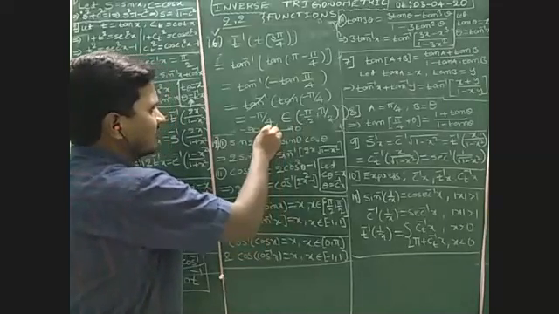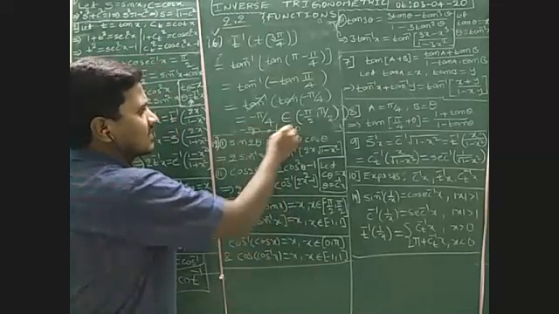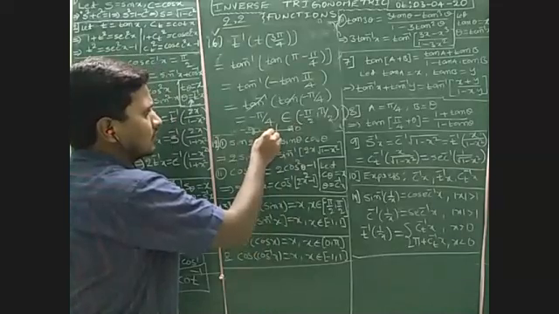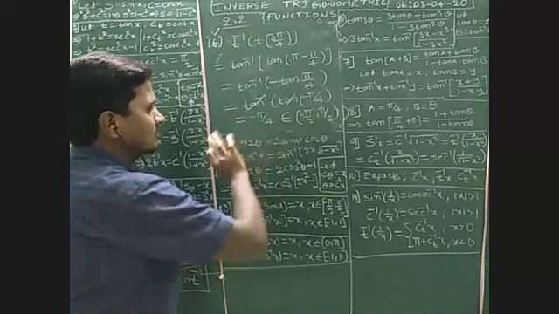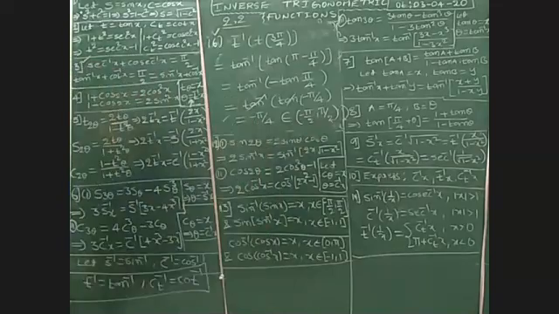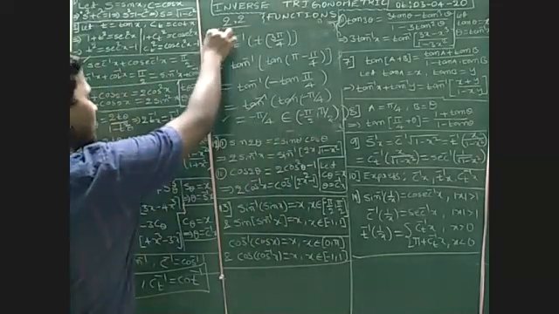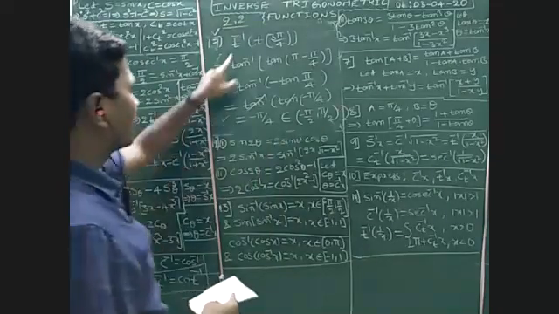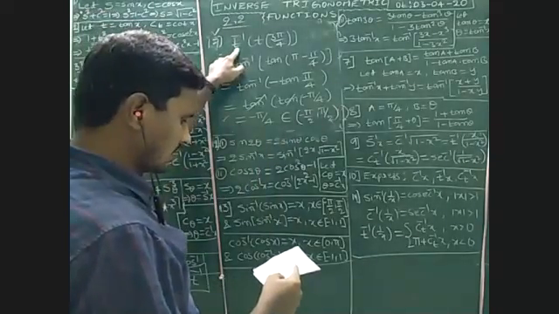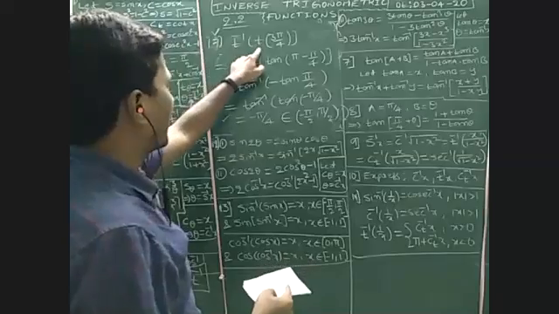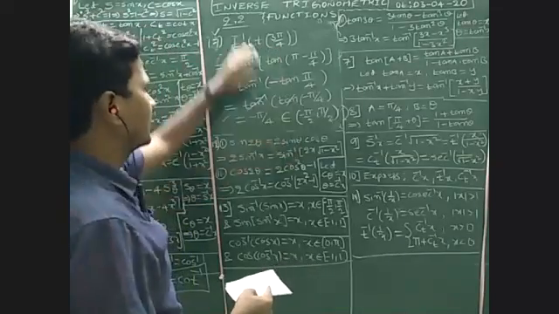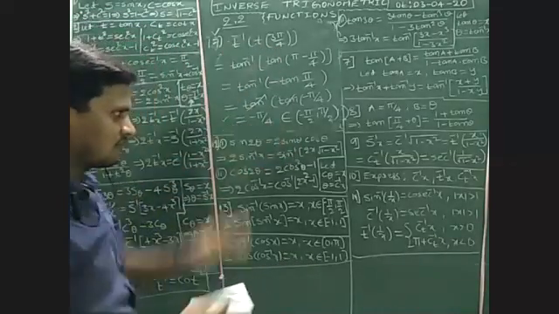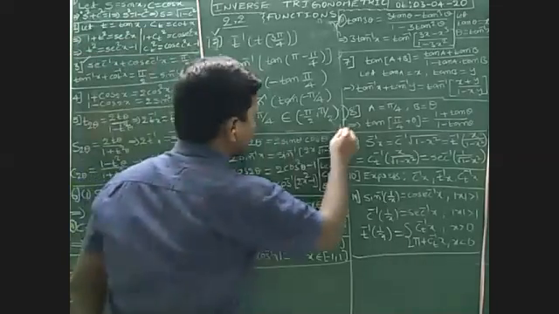So the answer is minus 45. This is question number 17: the value of tan inverse tan 3 pi by 4 is minus 45.